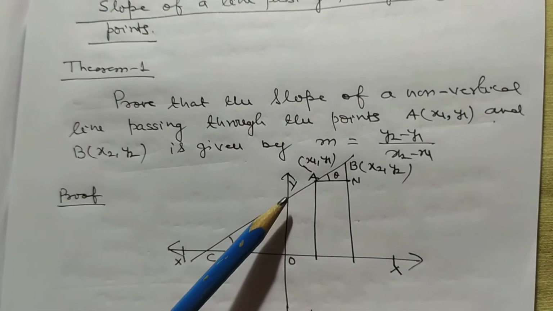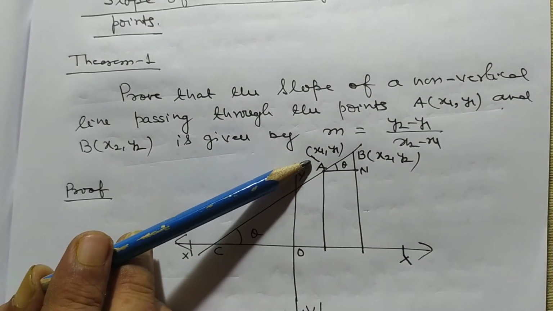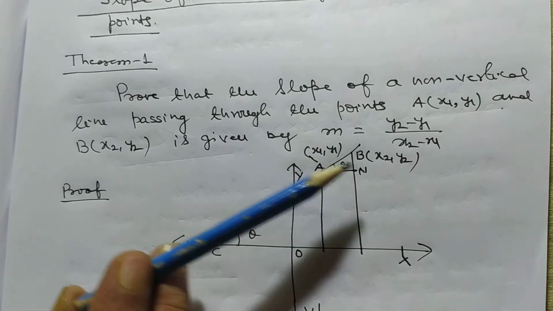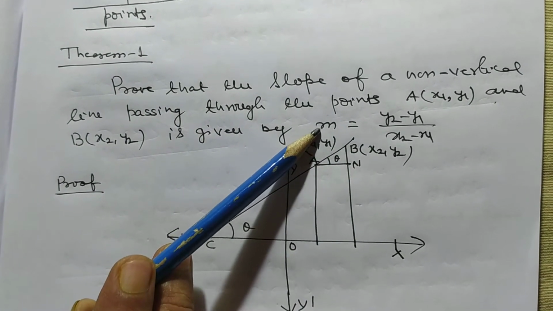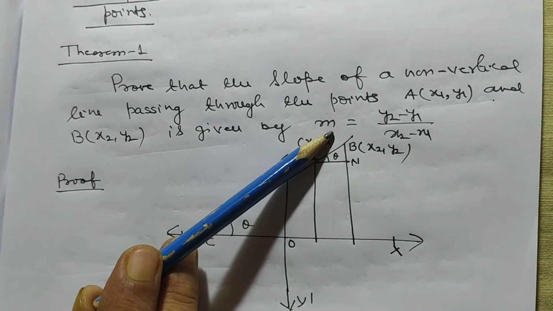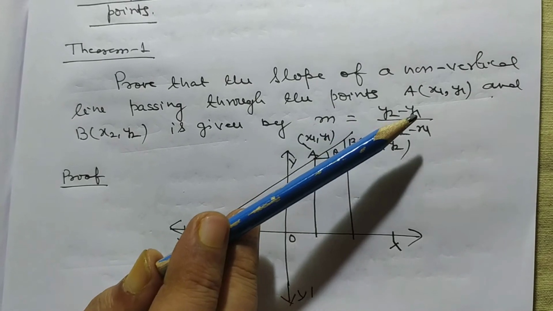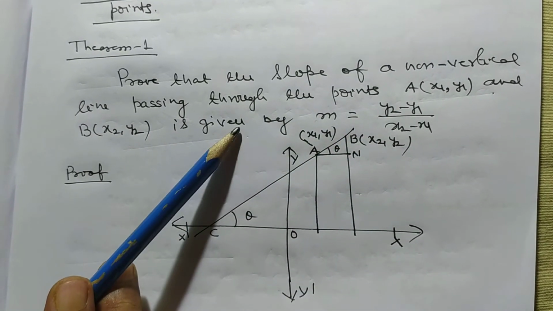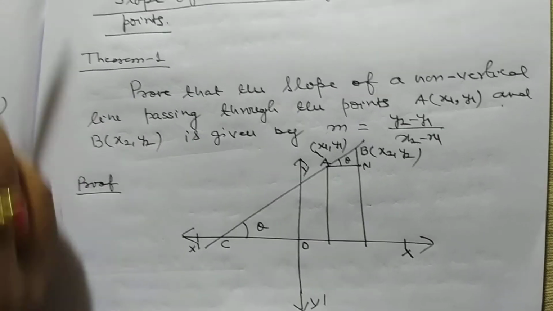Suppose A and B are 2 points, and the coordinates of A are x1, y1 and the coordinates of B are x2, y2. Then the slope of this line, which is denoted by m, is the difference of the y coordinates of these 2 points divided by the difference of the x coordinates of these 2 points. How did it happen?